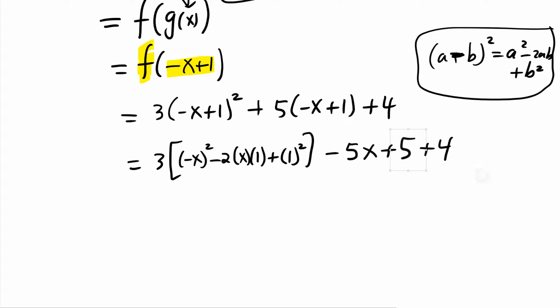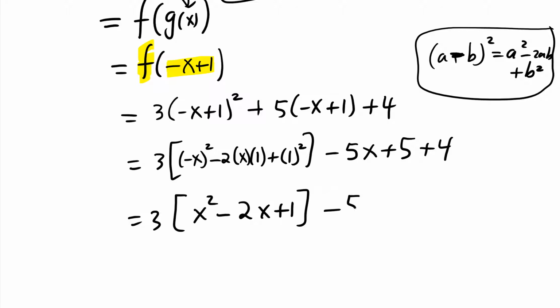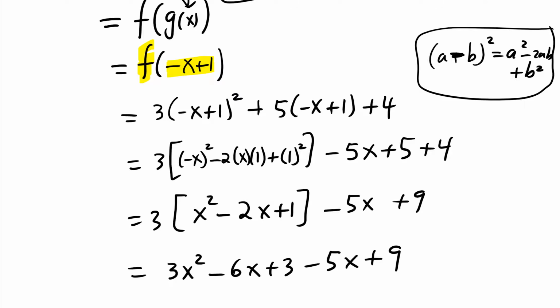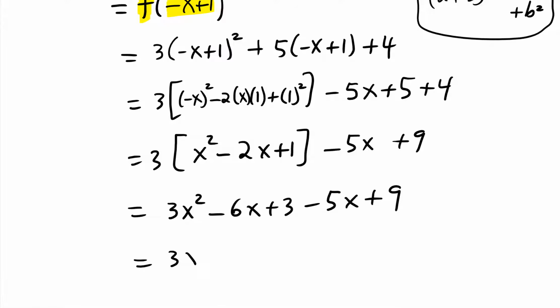Then 3 times, this is x squared minus 2x plus 1. Keep this the same, that's a 9. Multiply the 3 in. So that gives us 3x squared minus 11x plus 12.